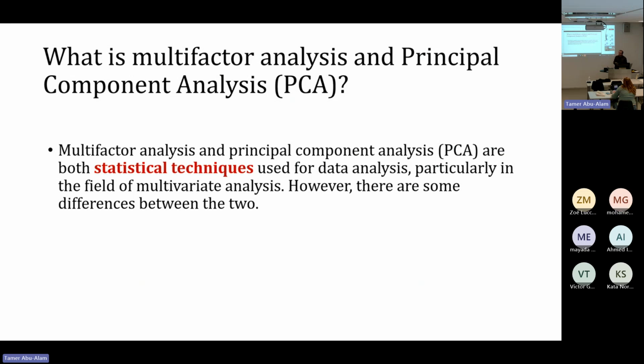However, there are some differences between multi-factor analysis and PCA, the principal component analysis.